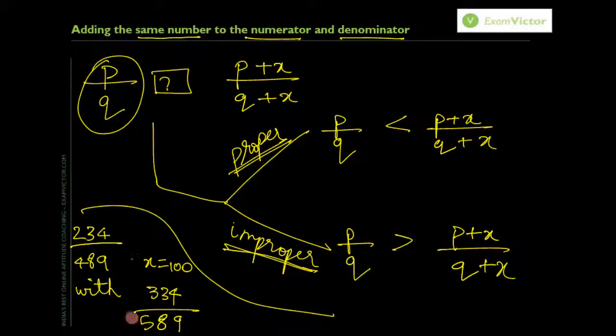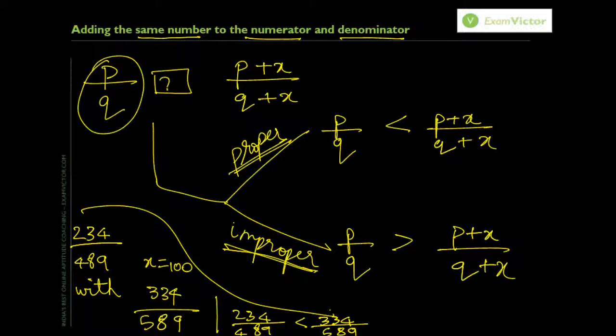Now we want to know the relationship between 234 by 489 and 334 by 589. By what we just studied, we should say that 234 by 489 should be less than 334 by 589, right? And this is actually true. You can calculate it and see if you want to. So this is how it works. This is what the rule means.